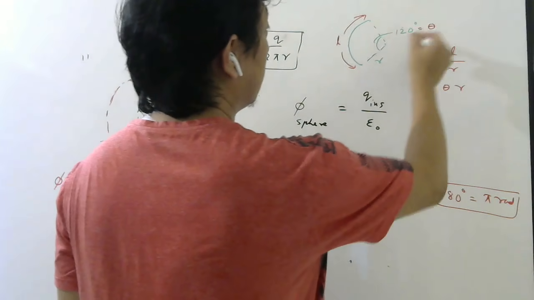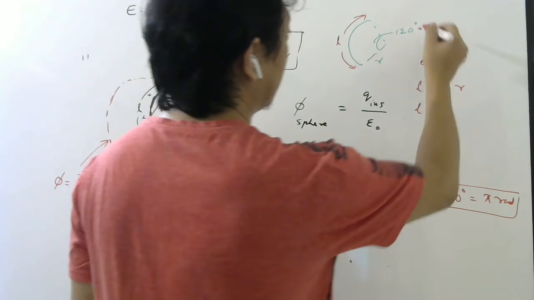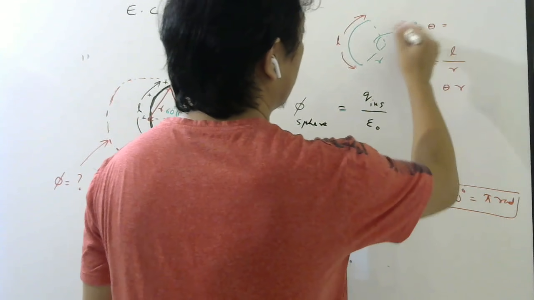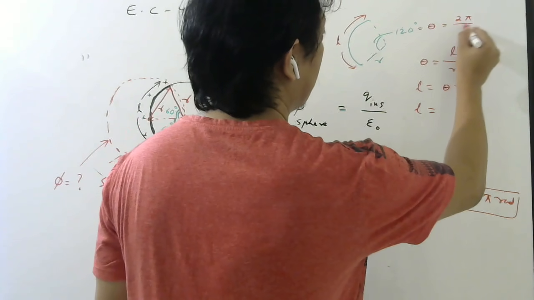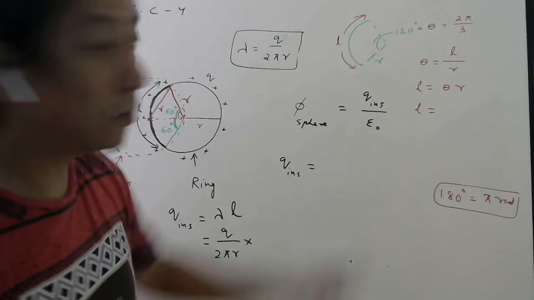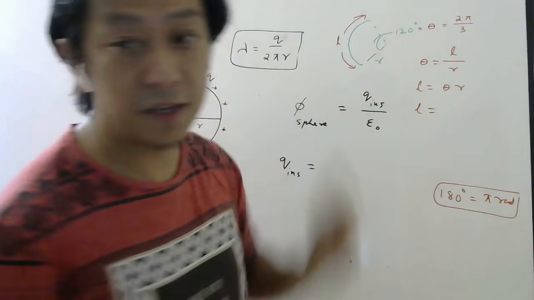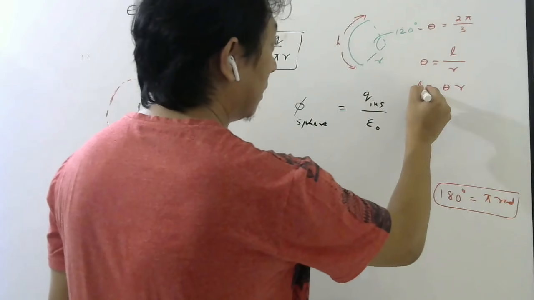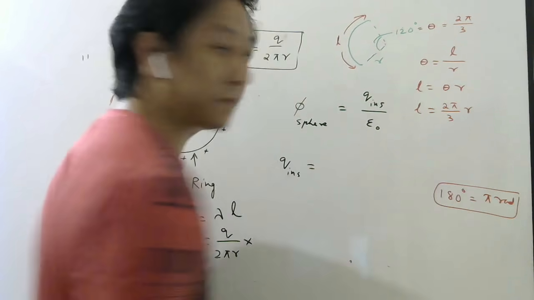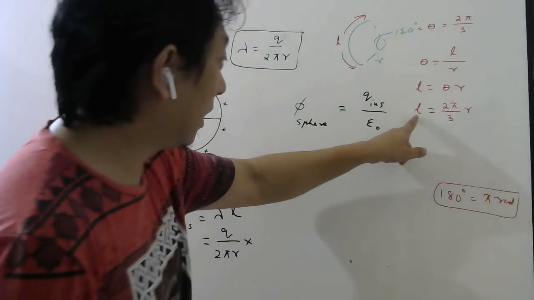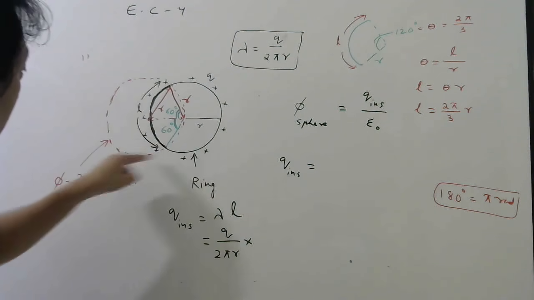This is 120 degree, but I need it in radian. If I write 2 pi, that is 360 degree, divided by 3, right? So 2 pi by 3 radian is 120 degree. So the length will be angle 2 pi by 3 times radius r. So I found the length which is inside this sphere.